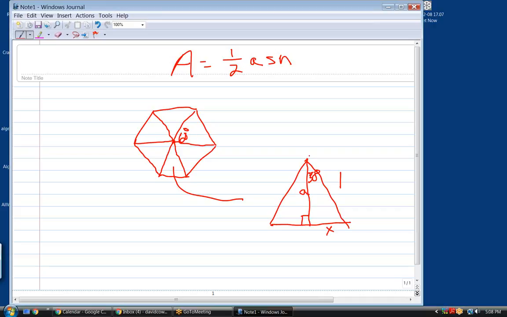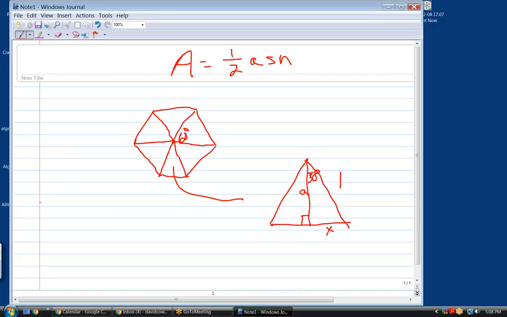So we don't want to solve this problem based on our knowledge of a 30, 60, 90 right triangle. I mean, we could, but you're going to have to be able to solve multiples of these where it's not 30 degrees. So what trig function relates x to 1?